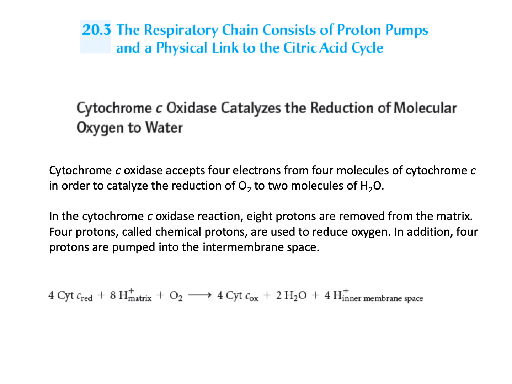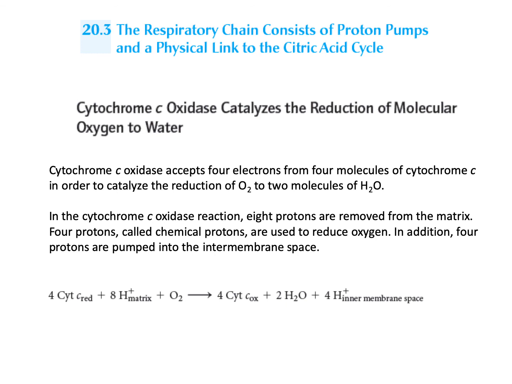Let's look at what happens at the end of the transport chain. At the end of the chain, oxygen is reduced to water. The cytochrome C oxidase accepts 4 electrons from 4 molecules of cytochrome C in order to catalyze the reduction of oxygen to 2 molecules of water.